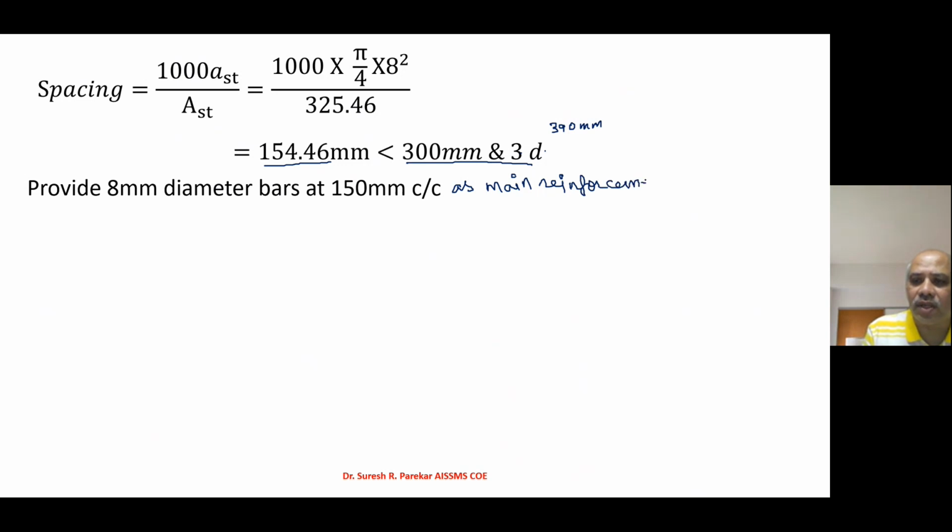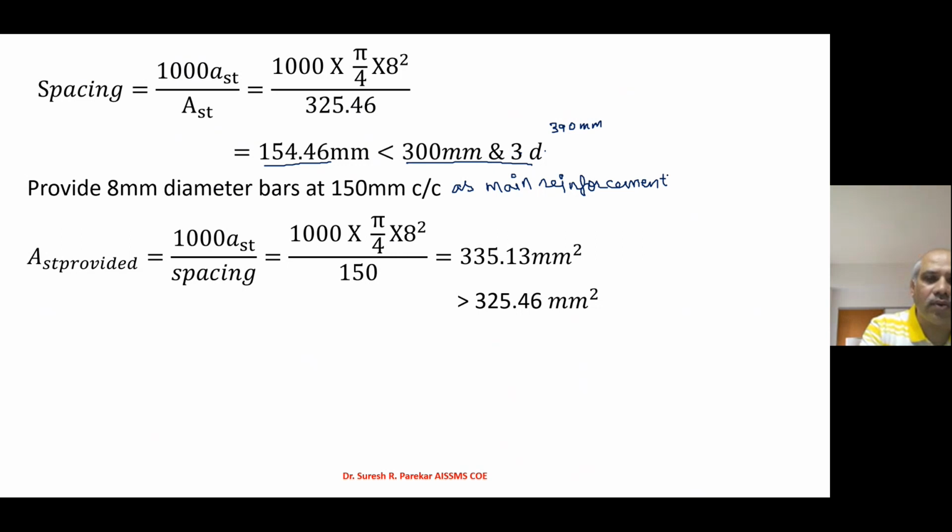And then we will go with distribution reinforcement, and then we have to calculate Ast provided, and here we are going to keep spacing. Just we have taken spacing here and Ast over here, and this will give me Ast provided greater than Ast required. This is Ast required value, so this is okay.